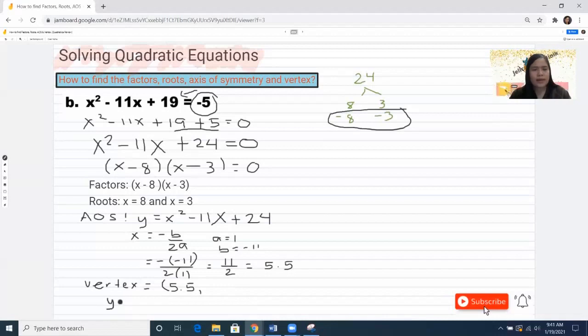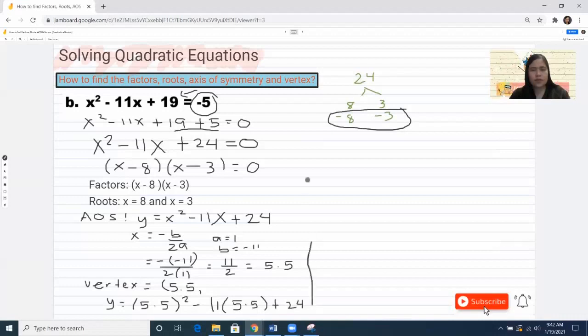So y is equal to, we'll replace all x in here by 5.5. So we have 5.5 squared minus 11 times 5.5, then plus 24.